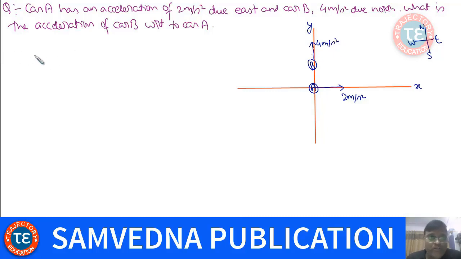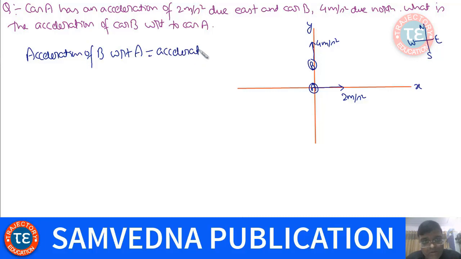So you have to find the acceleration of B with respect to A, or relative acceleration of B with respect to A. Acceleration of B with respect to A is the same as acceleration of B in a frame attached to A. So it's a relative acceleration.